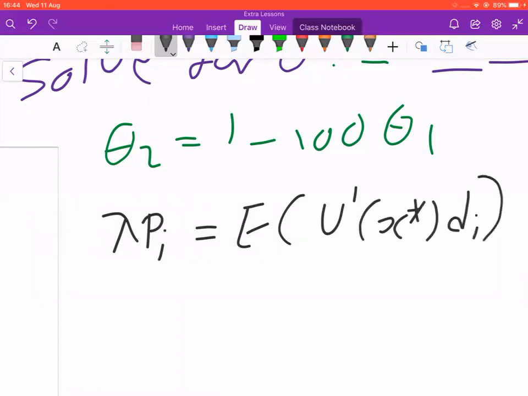In this question, they no longer use portfolio choice, but they went and tried to find it using what is called linear pricing, right?